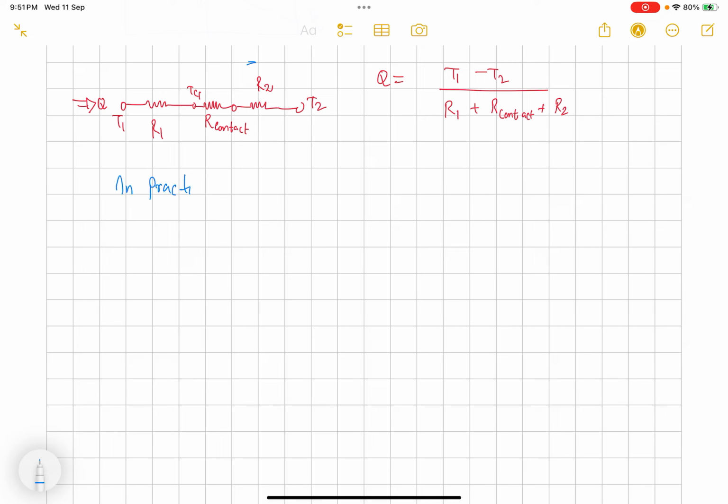In practical cases, when two surfaces are joined with each other, then due to roughness, some cavity is formed.